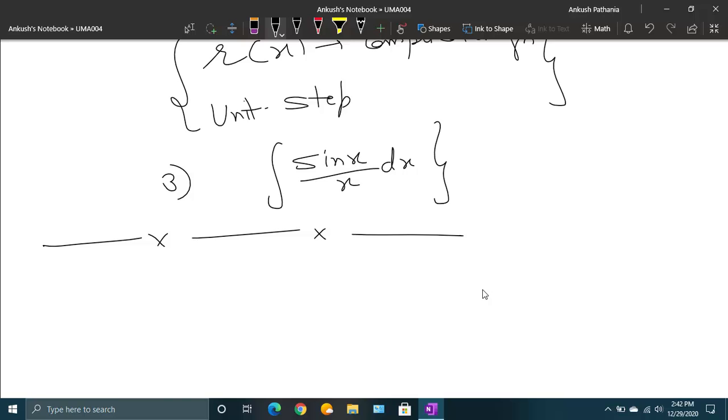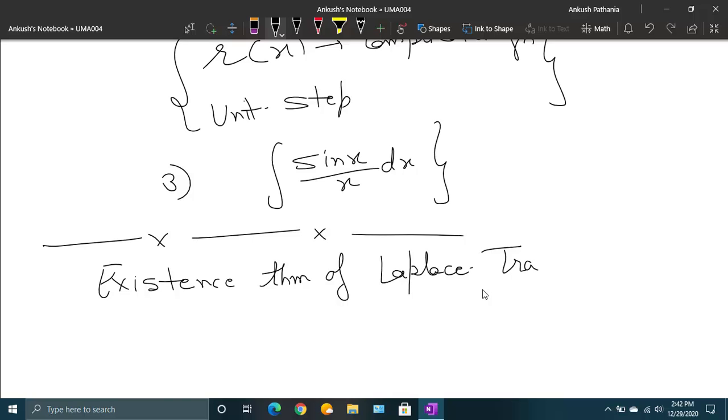Now, before going further, there are a few terms that must be clear to us for understanding the concept of Laplace transform.